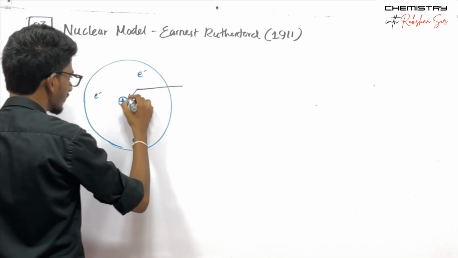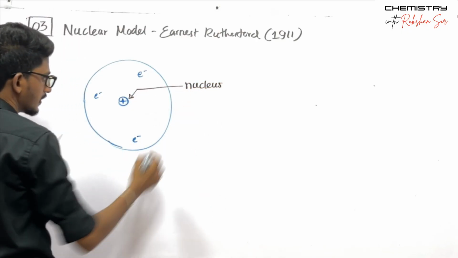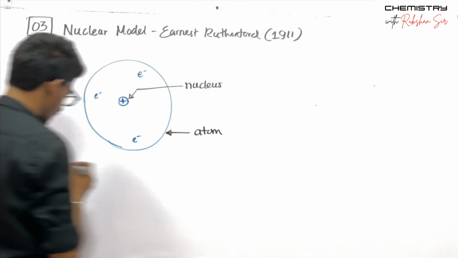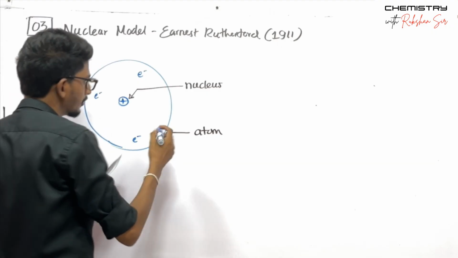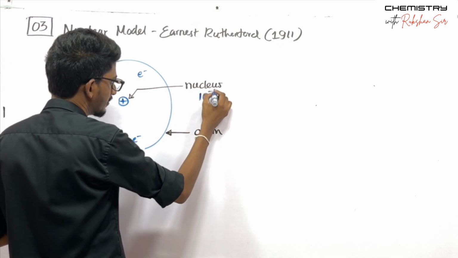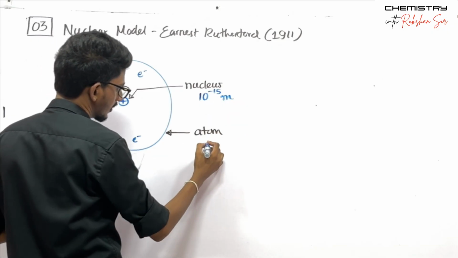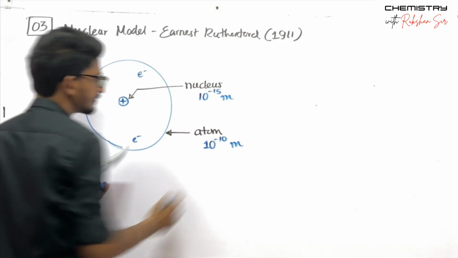This is the nucleus, this is the atom. The size of the nucleus is in the order of 10 to the power minus 15 meters, and the size of the atom is in the order of 10 to the power minus 10 meters.